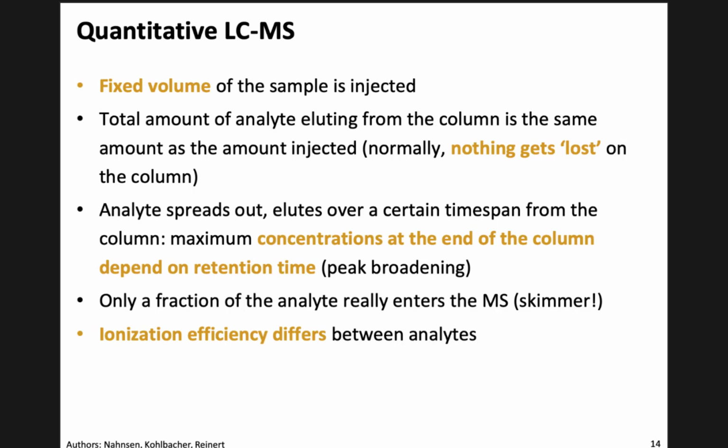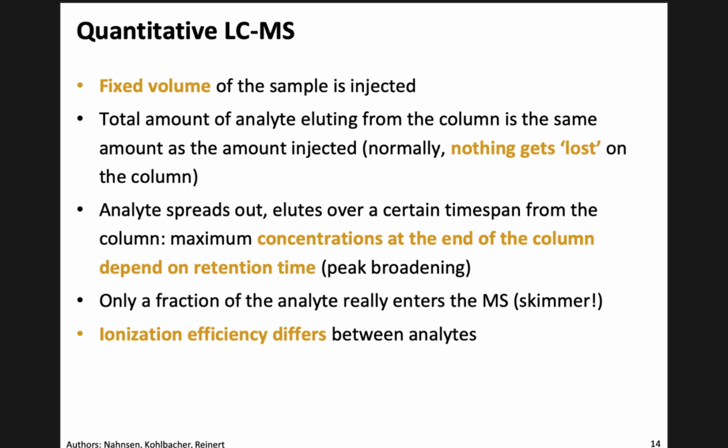We also assume that this column doesn't lose anything. So whatever we put into the column will eventually come out of the column, which is a brave assumption, but for simplicity's sake, let's just say it's true. If that is true, then the analyte can spread out over time, but everything that goes in front of the LC column has to come out at the end at some point.